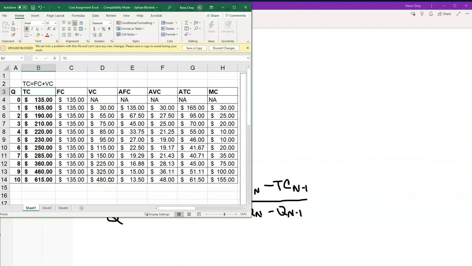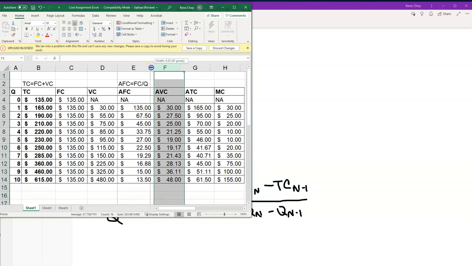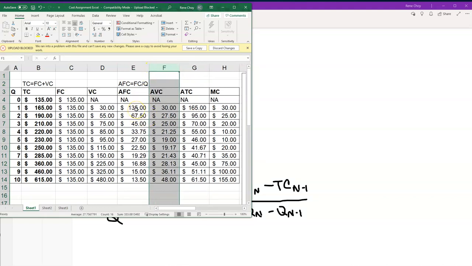All right, now how do I turn this cost into per unit cost? Well, average fixed cost is basically equal to whatever fixed cost is divided by Q. So in order to get this number here for average fixed cost, I take fixed cost and I divide it by Q. So this 135 is this 135 fixed cost divided by Q, which is 1.